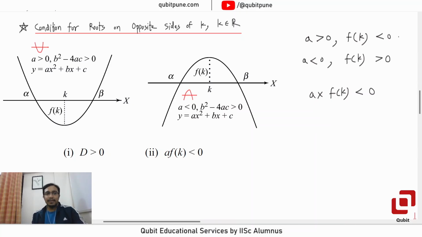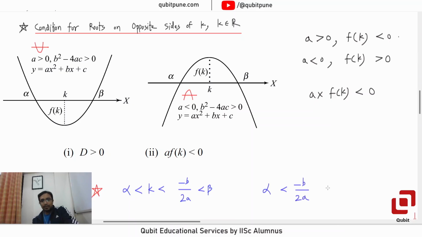Okay. Now we can complicate things here and develop conditions for alpha less than k less than negative b by 2a, alpha less than negative b by 2a less than k less than beta.